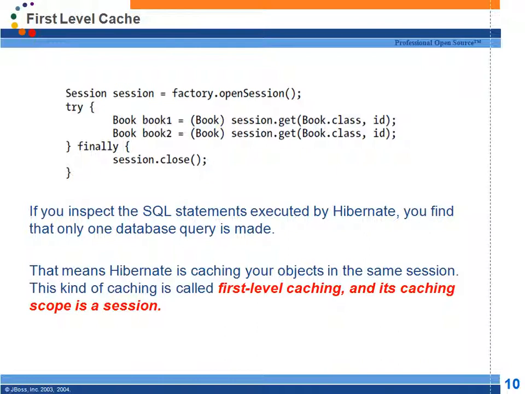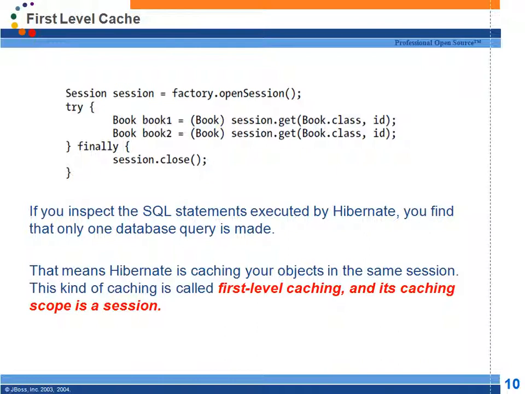Now, to explain clearly the advantages of first level cache and second level cache, I'll talk about the regions slowly. But let's see this example. How many queries are fired here in this case? 1 or 2? I'm getting the same ID, and I am using the same session.